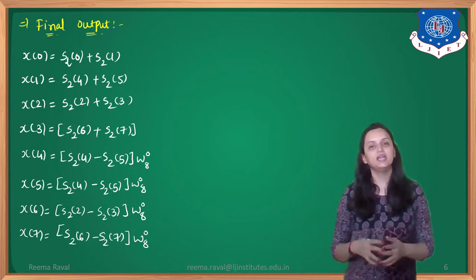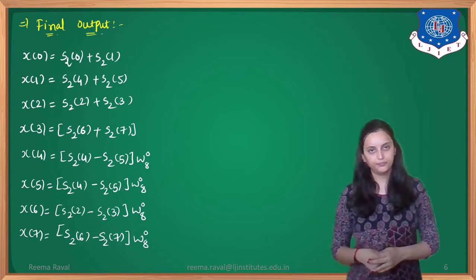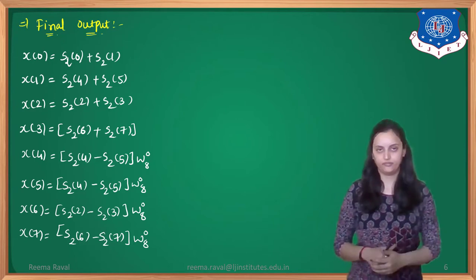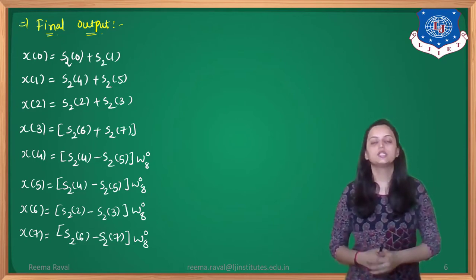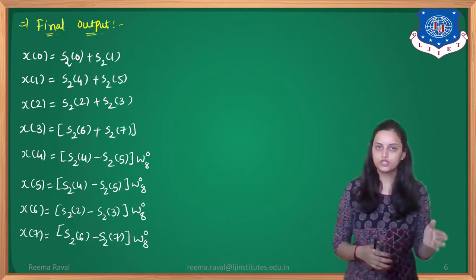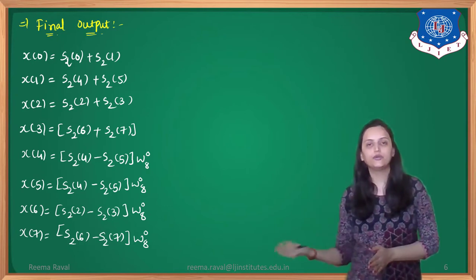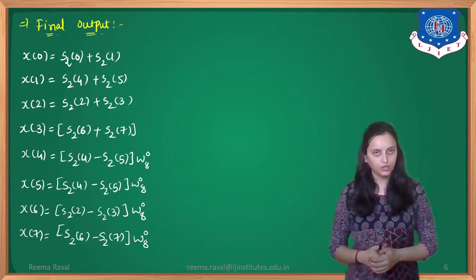I hope it will be easier for you to calculate the same using the DIF-FFT algorithm. All you need to do is give the input values according to the data given at the input side, and by placing those values in these equations, calculate the final output. Okay?